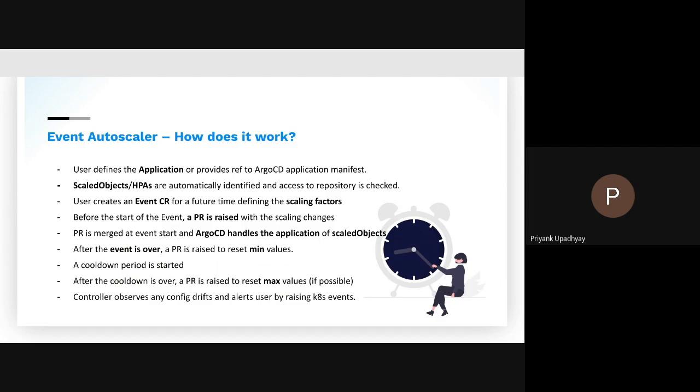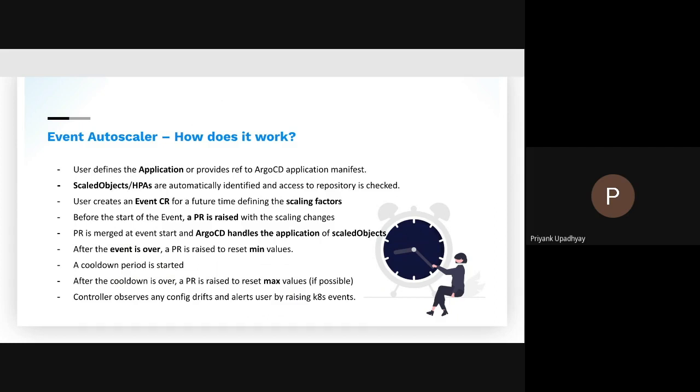The next stage comes when the event is over. Let's say our event was of 1 hour. After that 1 hour period is over, a PR will again be raised to reset the min values that we modified. This is basically bringing down all the scaling factors that we did in the first PR. After that, a cooldown period starts.